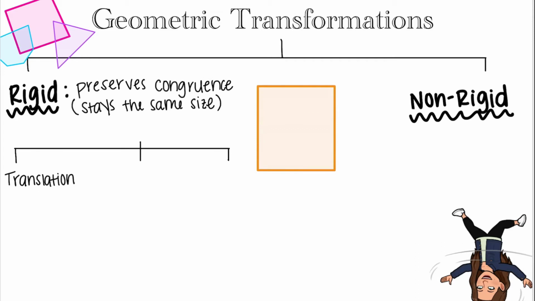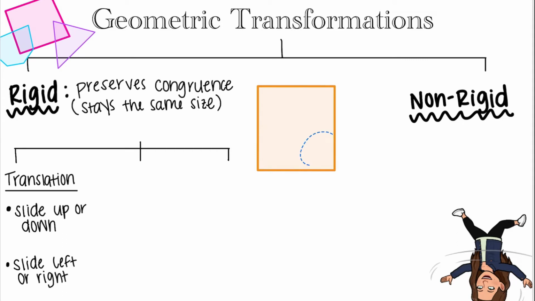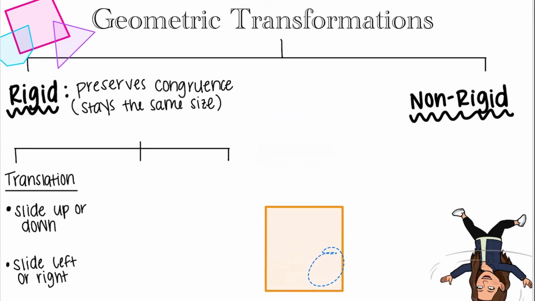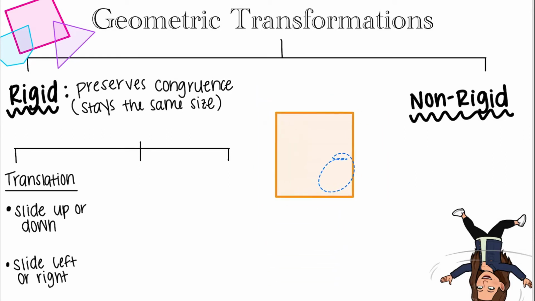A translation is just moving the object up, down, left, or right. So I can take the square and move it down, up, right, or left, and it does not change its size. The next type of rigid transformation is called a reflection.